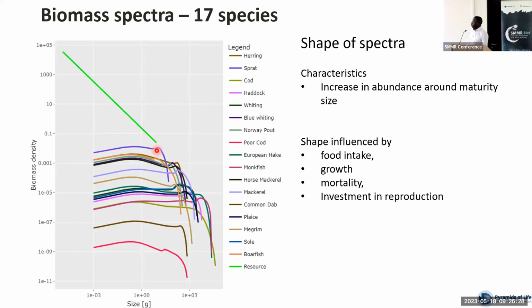In terms of what influences the different shapes, the food intake would influence these different shapes, as well as the growth rates and the mortality, and how the species are able to reallocate energy towards reproduction.